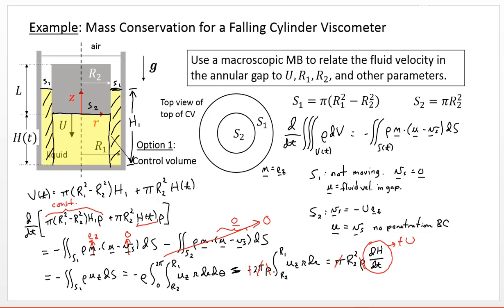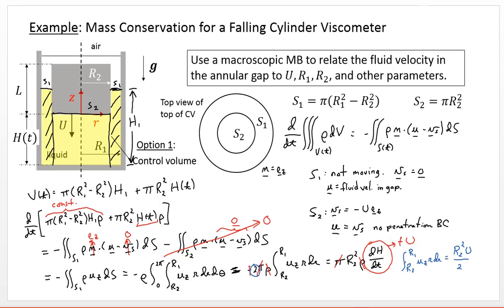And so what we're left with in this expression here is, and we'll write this in, let's say, blue to make it stand out a little bit. We have the integral from R2 to R1 of uz r dr is equal to R2 squared u divided by 2, where the 2 comes from this term here that was left over.